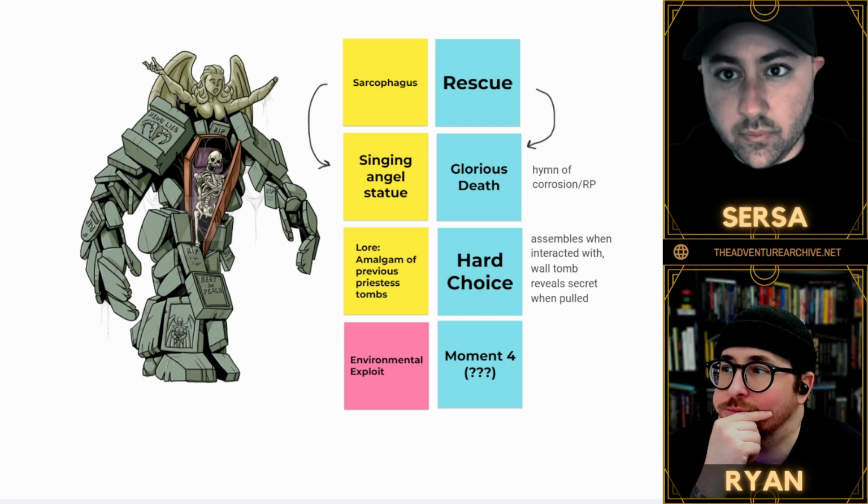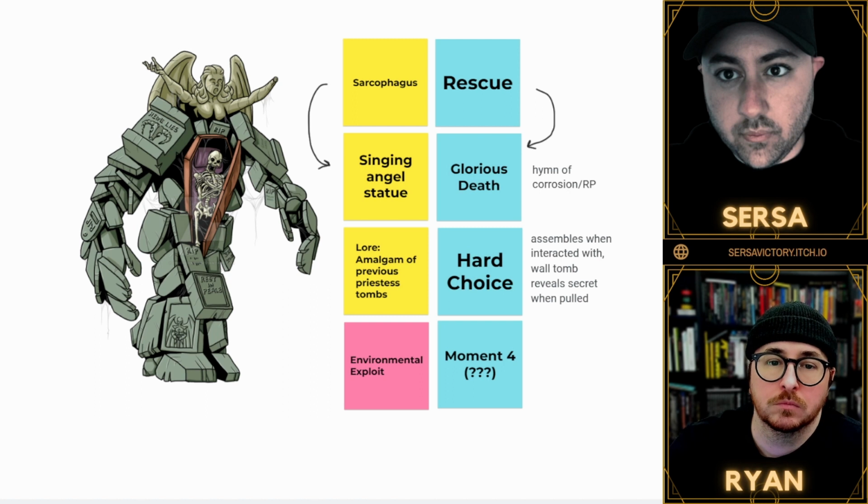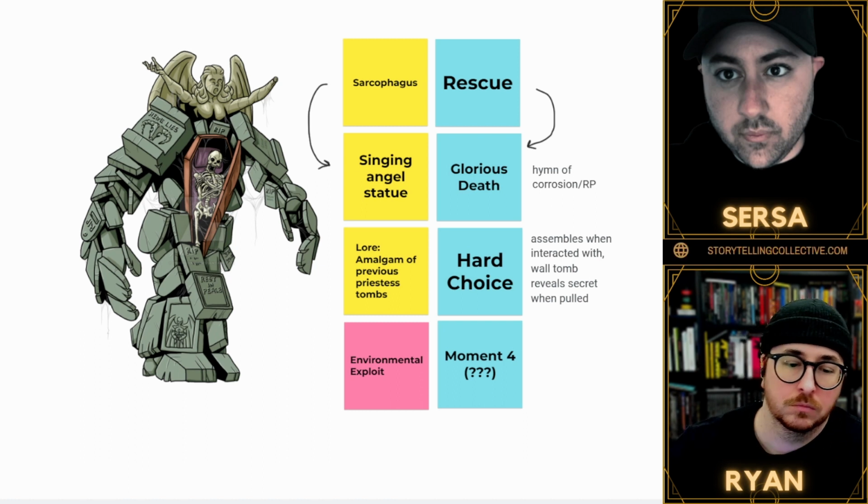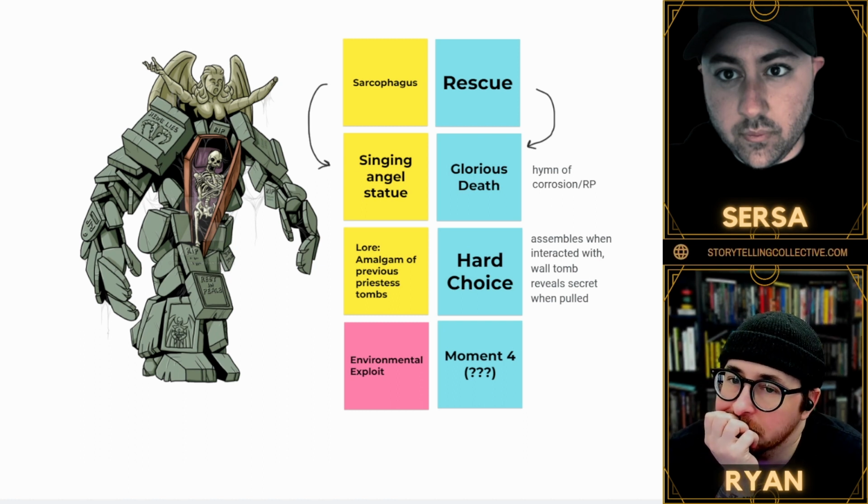What I'm picturing is they try to interact with what they think is the MacGuffin sarcophagus, the one they're looking for. It activates, and all of the tombs begin to creep out of the ground and form into this sarcophagolem. Again, I'm kind of freestyling here, but I might pick a player at random, fighter: there are cover stones of one of the sarcophagi of these priestesses that form the fists of the sarcophagolem.